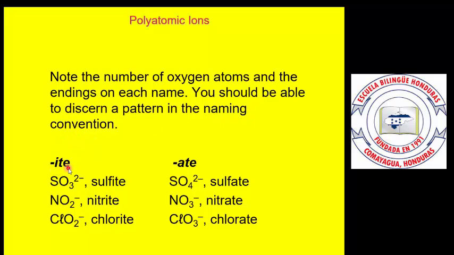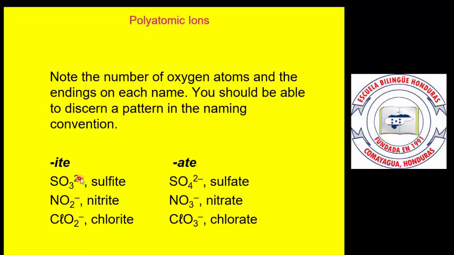With ITE, take a look over here. You have sulfur and oxygen. 1 atom of sulfur and 3 atoms of oxygen. Over here you have the same sulfur atom, and the difference is in oxygen, 3 atoms over here and 4 atoms over here, with the same charge.